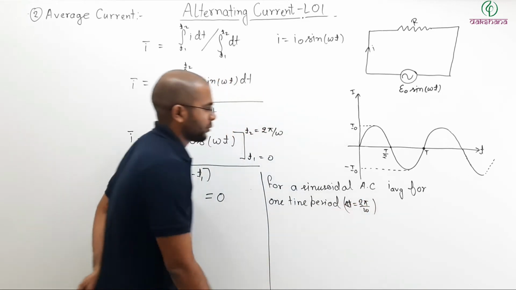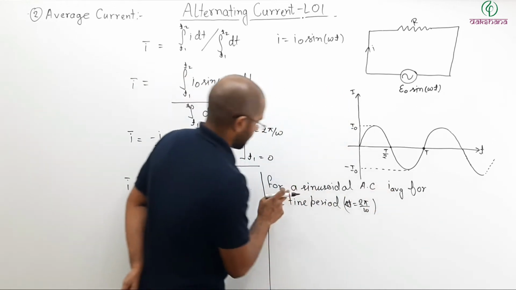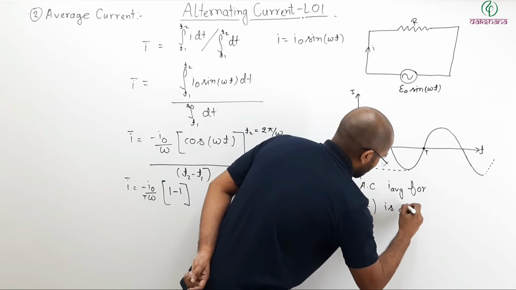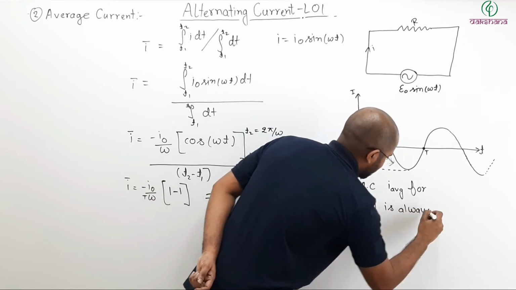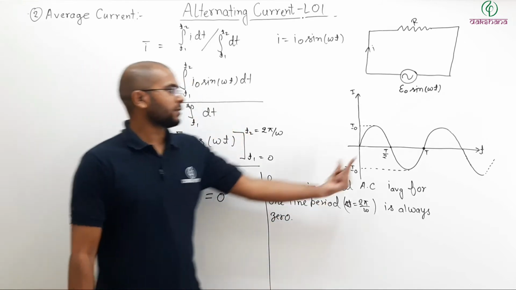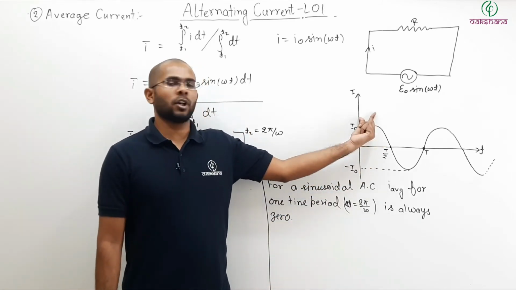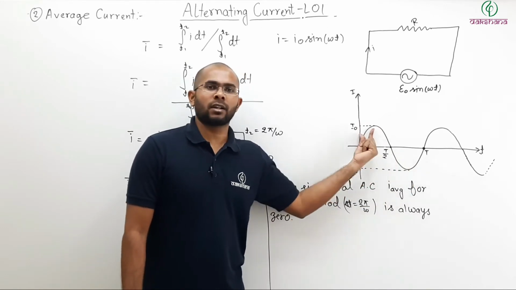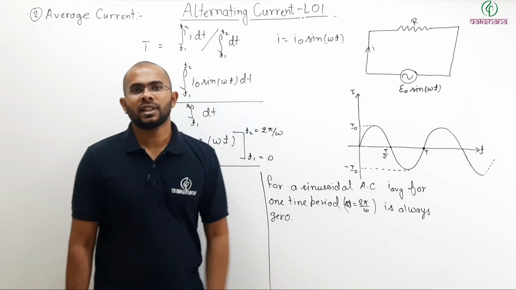Delta t is 2 pi by omega. For a sinusoidal AC, I average for one time period is always 0. Why is it always 0? Because for one half current will be positive, for the other half it will be negative. So these two areas are equal in magnitude but opposite in direction.